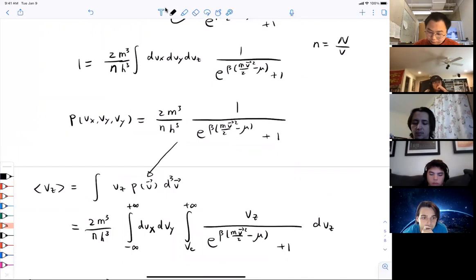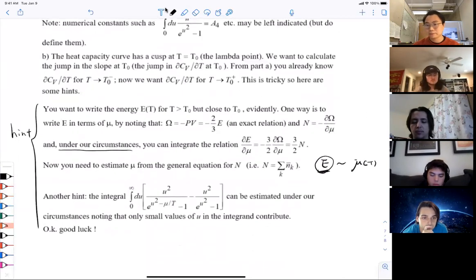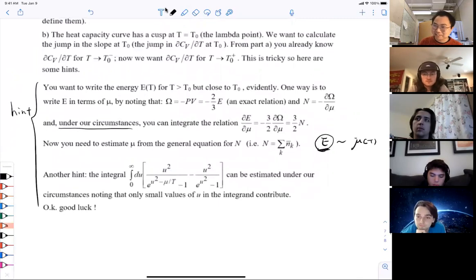Whenever there is a boson gas problem, I guess it will always be related to BEC, right? So the only interesting phenomenon we can have for ideal boson gas is the BEC transition. Nothing else.